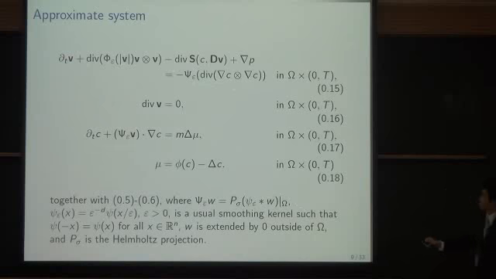This basically cuts off the large values. If v takes a large value, then this becomes 0. And when epsilon goes to 0 this converges to 1, so this is some kind of cutoff function.